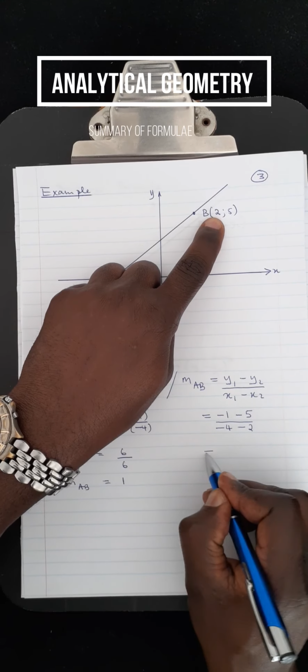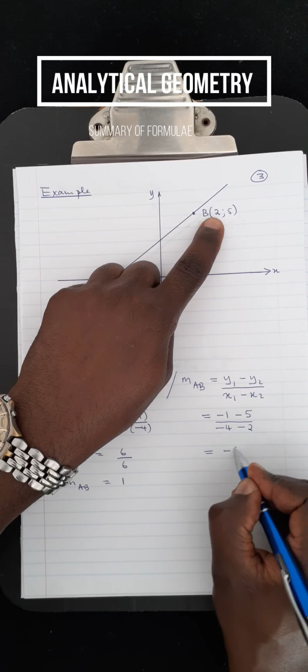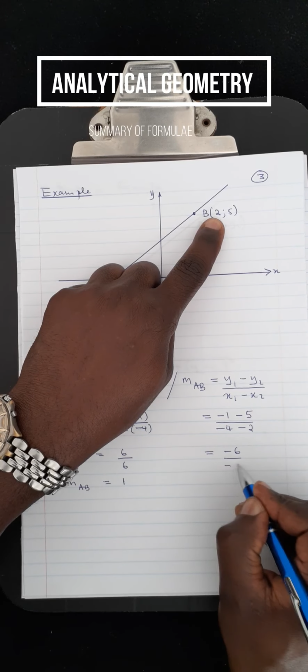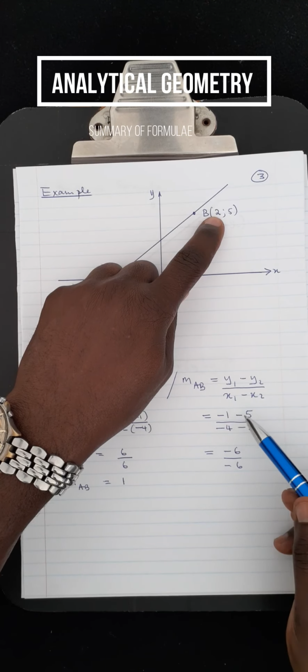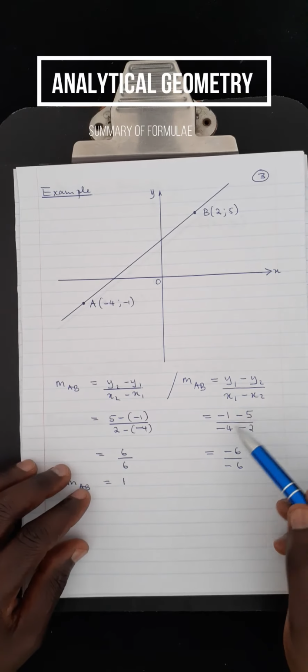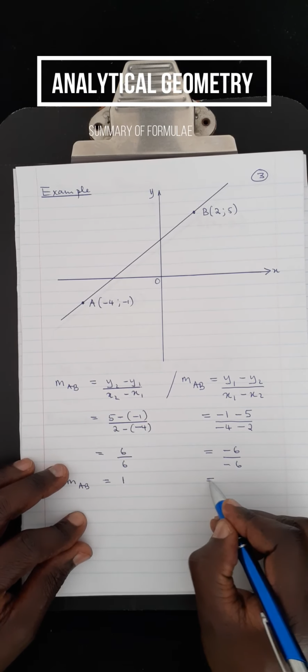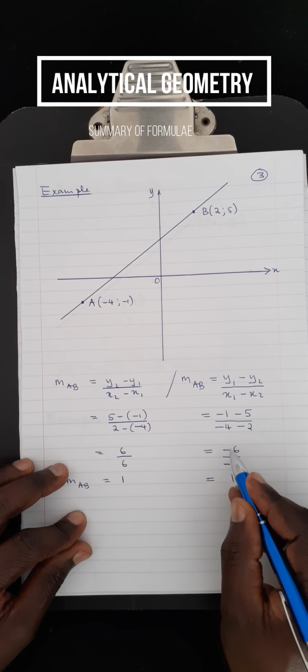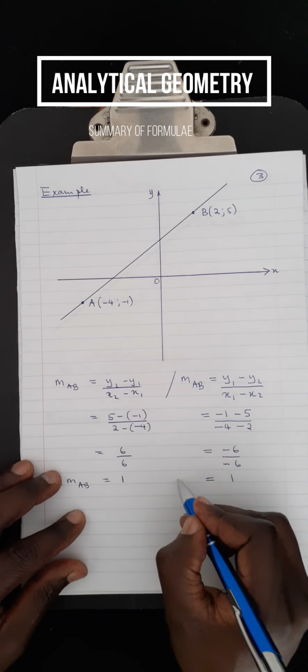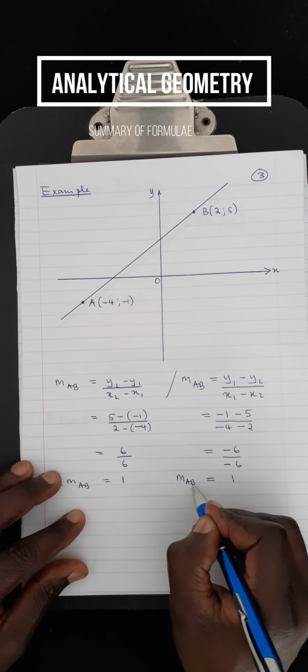So what we get here is -6 over -6. This simplifies to 1. The negatives cancel, which means the gradient of AB will be equal to 1.